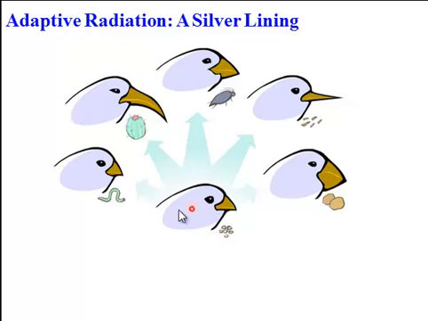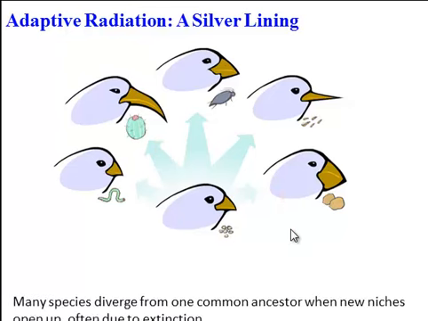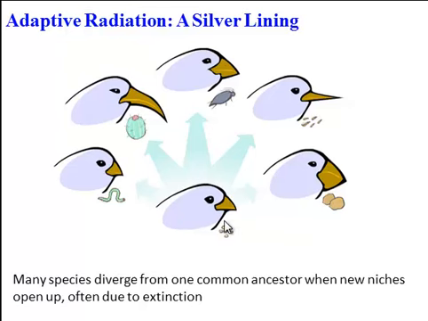So this common ancestor might diverge into several different species over time, given the right environmental conditions. And it's called adaptive radiation because you have many descendant species radiating out from one common ancestor. And you need varied environments to make this happen.